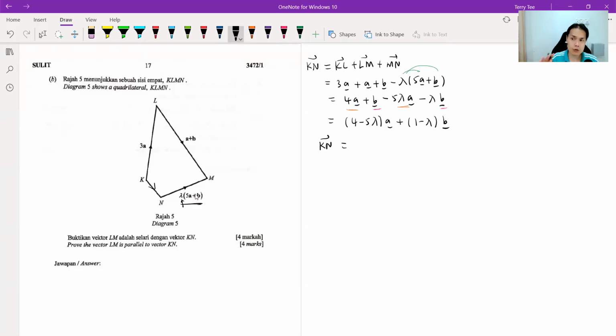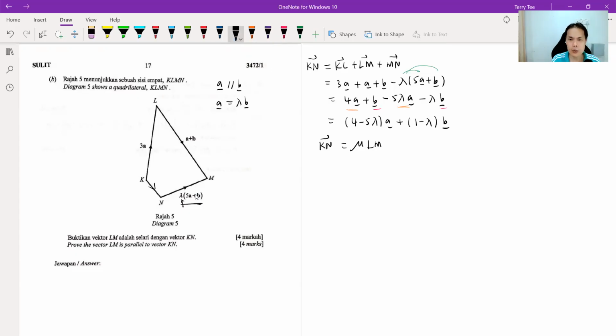Normally we say when vector A is parallel to B, A is a multiple of B, lambda B. But since we already use lambda, I don't want to use lambda. Use another symbol, let's say mu. You can use other letters like K, M, N, up to you, but since I already have K, L, M, N here, let's use the Greek letter mu. Mu LM.